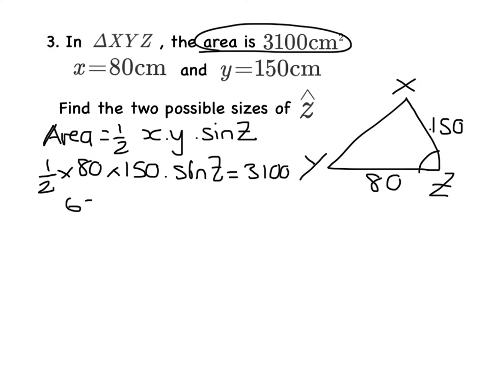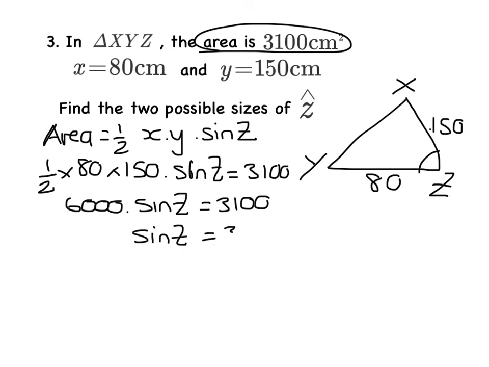So we've got 6,000 sine z equal to 3,100. This is now just a straightforward trig equation where you're solving for the angle. So we're going to divide both sides by 6,000, so sine z is 3,100 over 6,000. That goes down to 31 over 60. Don't write this like this in an exam, rather go to the next line.